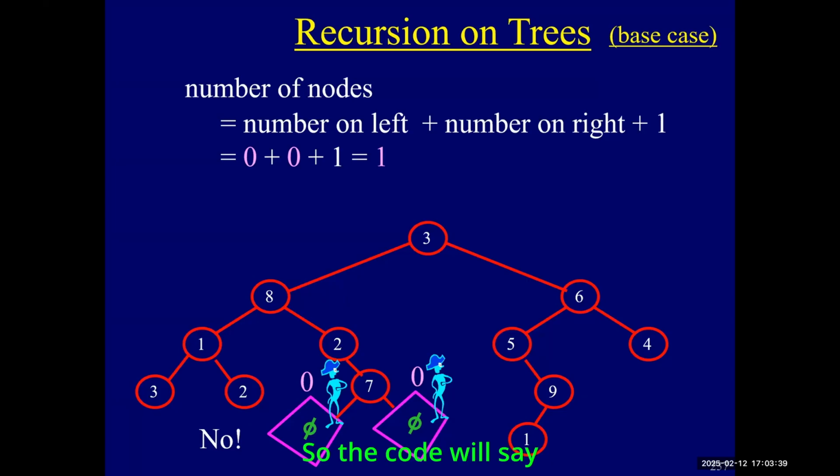So the code will say, if I'm the empty tree, then the answer is 0. So what does 7 do? 7 says 0 plus 0 plus 1 equals 1. What does 2 say? It says 1 plus 1 is 2.